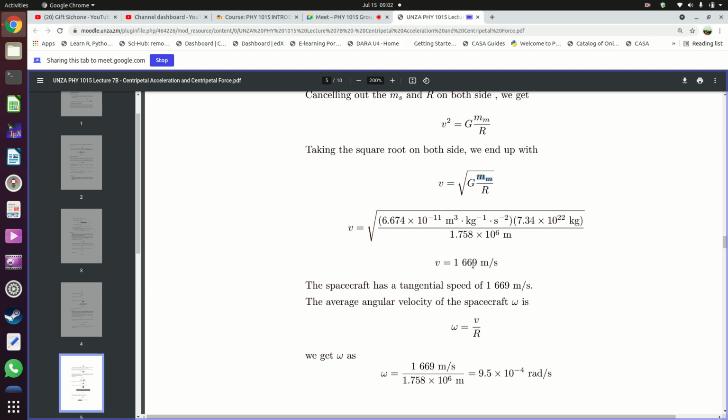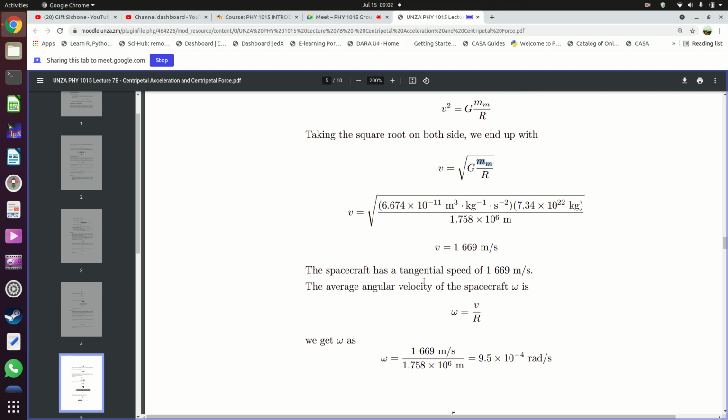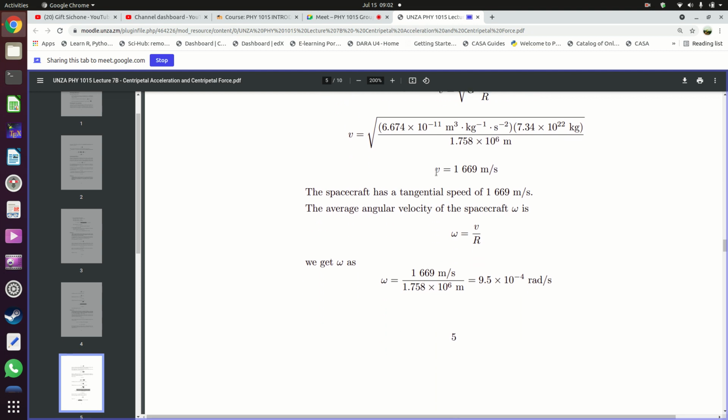So how do we find out how fast this is? We know this is the velocity in meters per second, but how much is the angular velocity? We know v is equal to r, the radius of the orbital path, multiplied by omega.